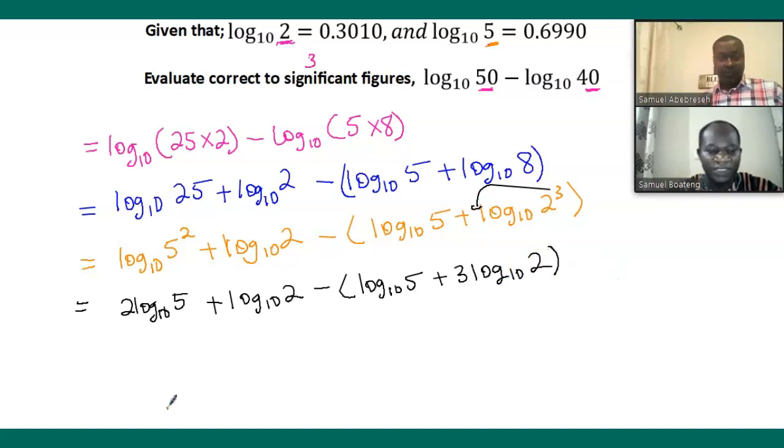So looking at the expression that we have, log 5 to the base 10 and log 2 to the base 10, all that we need to do is to substitute the values given.